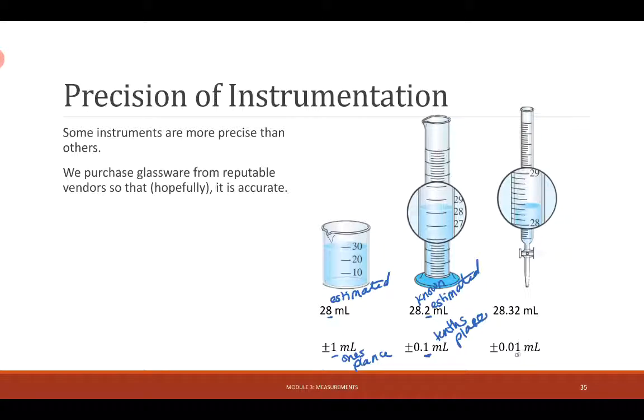And then for the burette, we know the tenths place, because there are lines for it, and so the hundredths place is estimated. And so our precision is within the hundredths place for a burette. So this is more precise, and this is less precise, because we have more precision as we make our increments smaller and smaller.